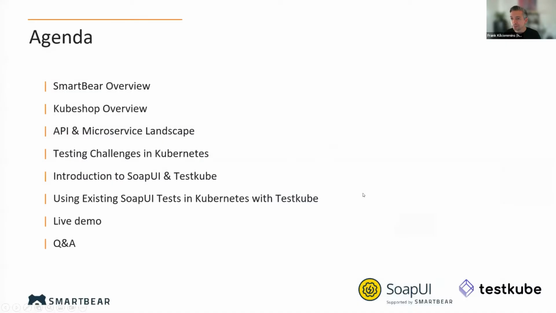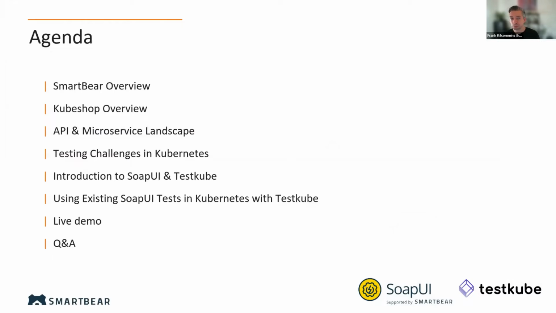So what we will be covering today is just a very brief overview of SmartBear and what we do, a brief overview of Kubeshop and what Kubeshop is all about. We'll take a quick look at the API and microservices landscape just to set the scene a little bit with regards to some of the challenges that are out there with regards to API quality. We'll be taking a little bit more of an in-depth look at testing challenges specifically to APIs and microservices within Kubernetes.